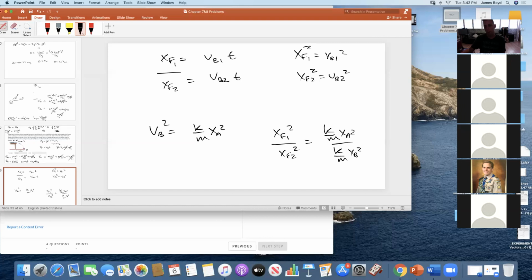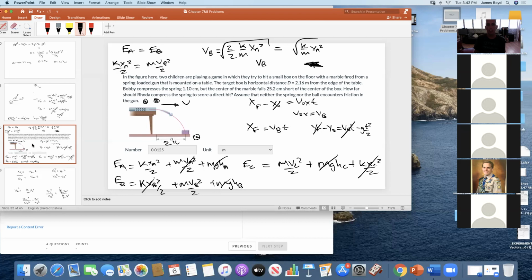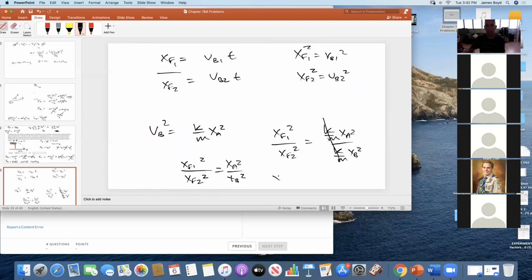These are the same. So what I get is that x final 1 squared over x final 2 squared is equal to xA squared over xB squared, the amount I compressed it. What I'm trying to find is how far should I compress it for a direct hit? Well, I want xB. So xB squared is xA squared times x final 2 squared over x final 1 squared.